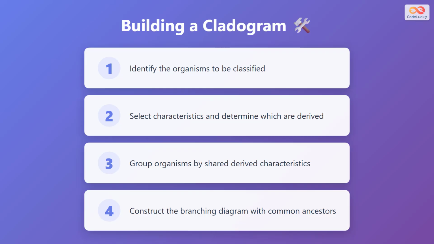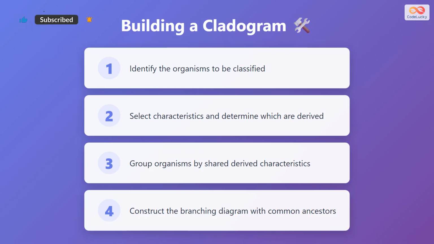Constructing a cladogram follows a systematic four-step process. Step 1. Identify the organisms you want to classify and compare. Step 2. Select the characteristics you will examine and determine which ones are derived traits versus ancestral traits. This step requires careful analysis of when each trait first appeared in evolutionary history. Step 3.